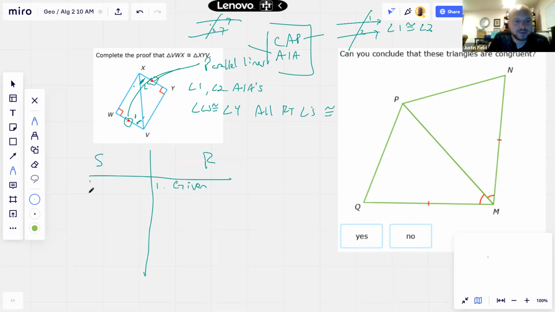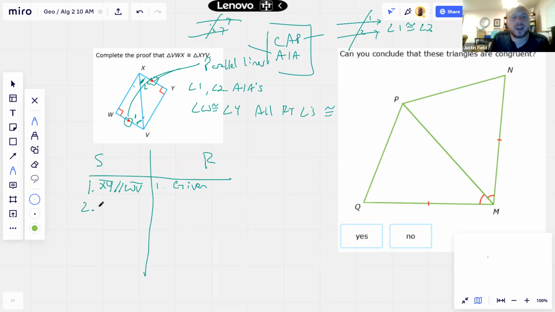We can prove it. So, what is our given information? Our given is that XY is parallel, the two train tracks there, to WV.